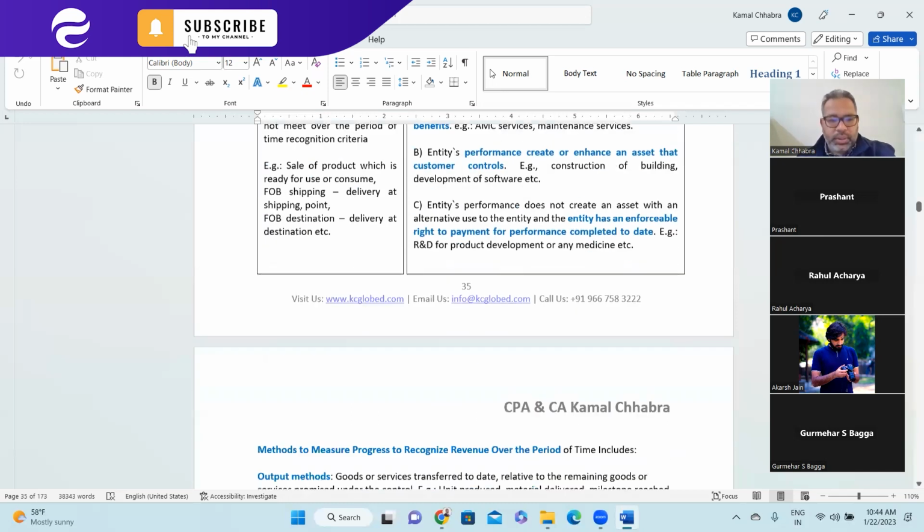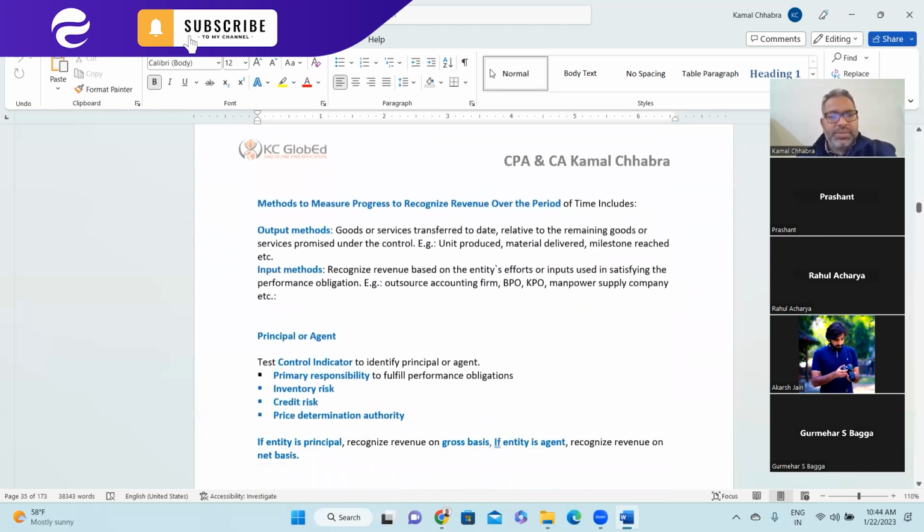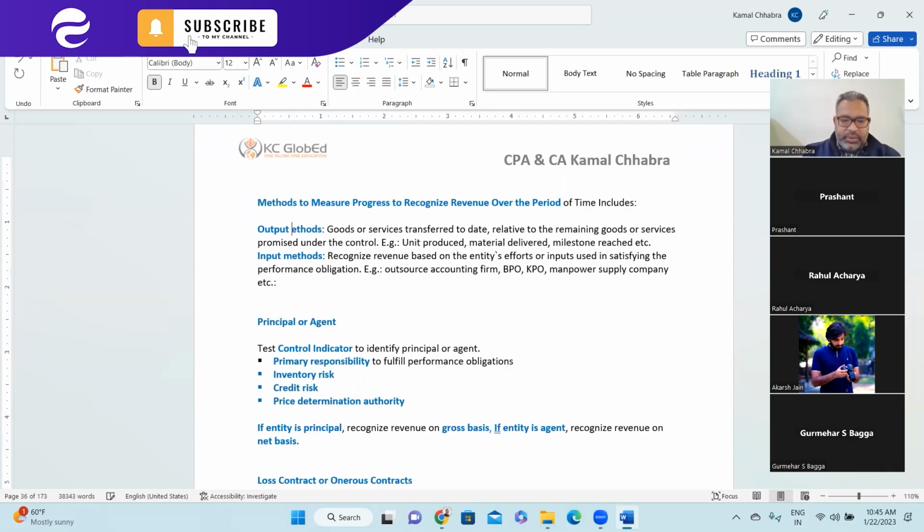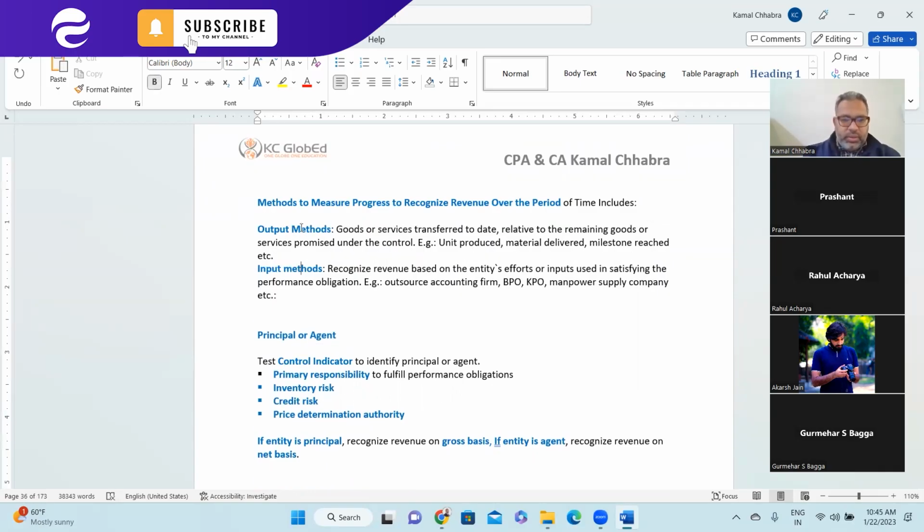Okay, so let's jump into the methods to measure progress to recognize revenue over a period of time. The first one is the output method. The second one is the input method. What is the output method? Does anyone have any idea?